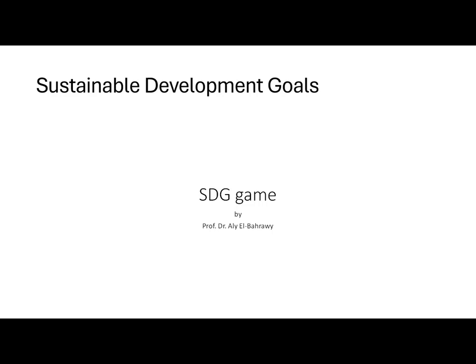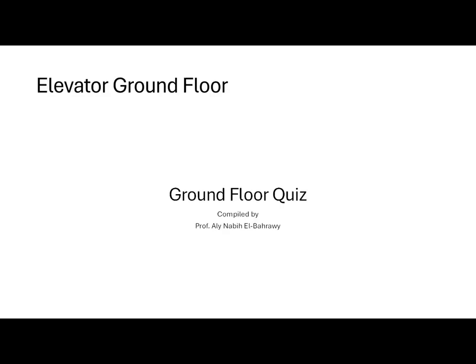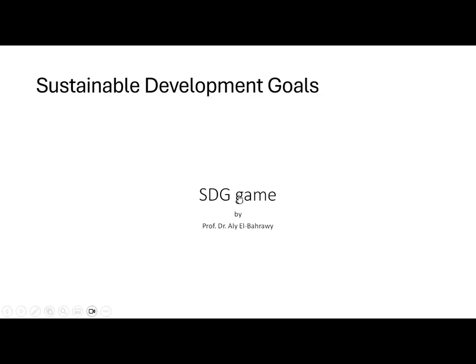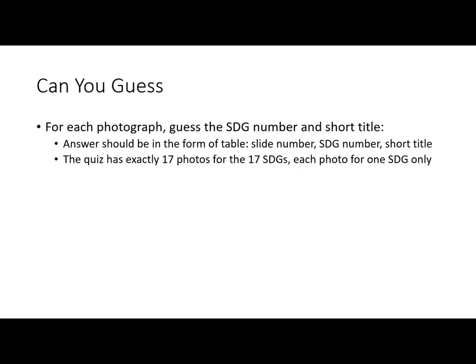We go to the sustainable development goals. This is one of the generic quizzes about how to discover which of the 17 sustainable development goals from the photograph. For each photograph, guess the SDG number and the short title.